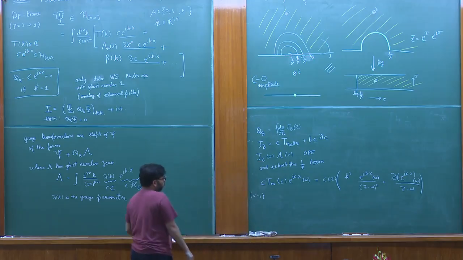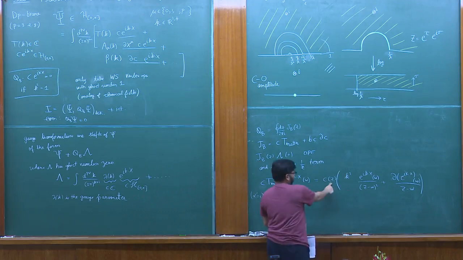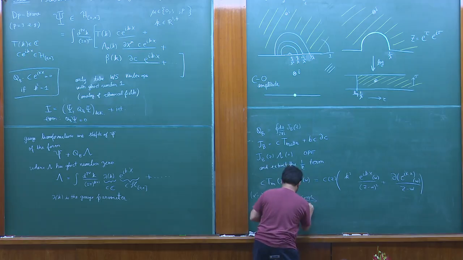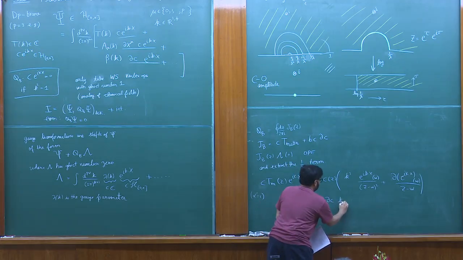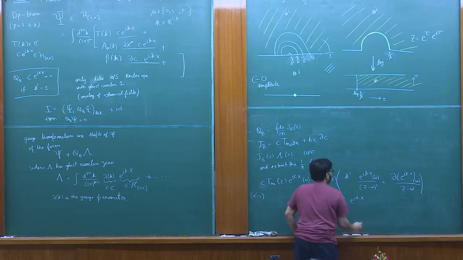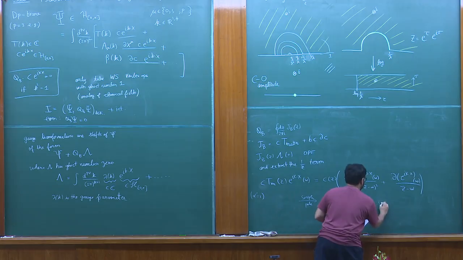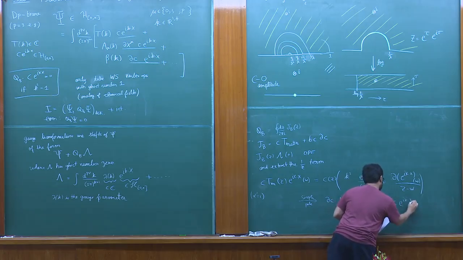Okay, so the single pole you can get, note that this looks like a double pole, but this is a function of z. So the single pole term has a partial c k square e to the I k dot x plus I k mu c e to the I k dot x.